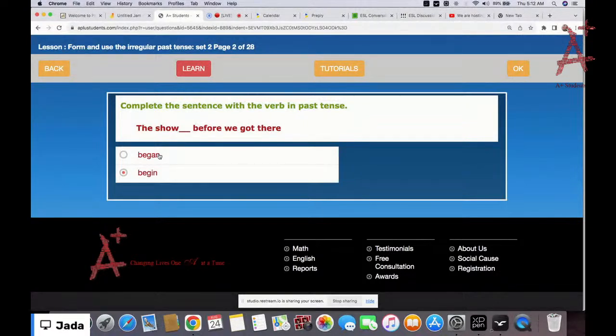So began, yes. It is began because began is the past tense.